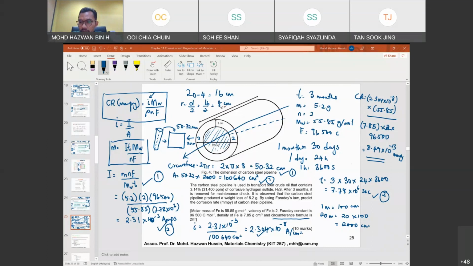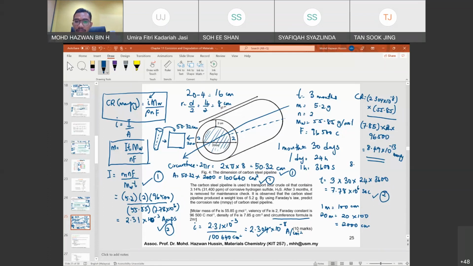Umira Fitri, what do we need to do if we want to convert this MMPY to MPY unit? MMPY to MPY, times with 39.4.